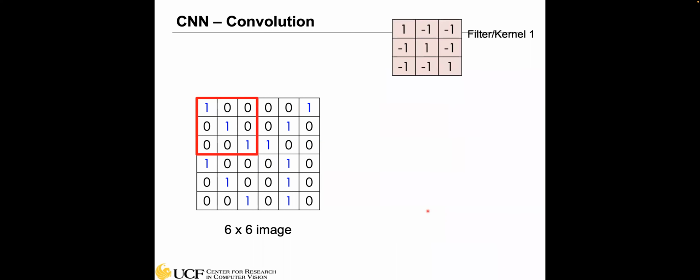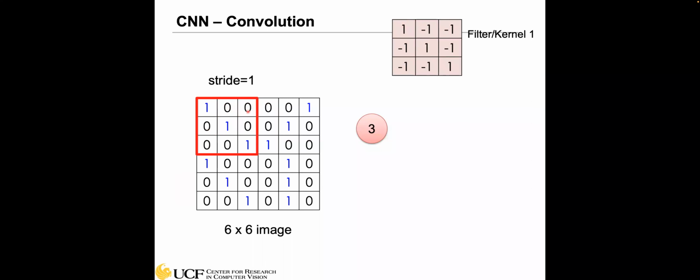Let's see how convolution works. We have the image, then we lay this individual filter on top of the image at the top left, and then we do the element-wise multiplication. You have a 3 by 3 matrix, 9 elements, and each element you multiply with the corresponding element in the filter or kernel. 1 multiplied with 1.